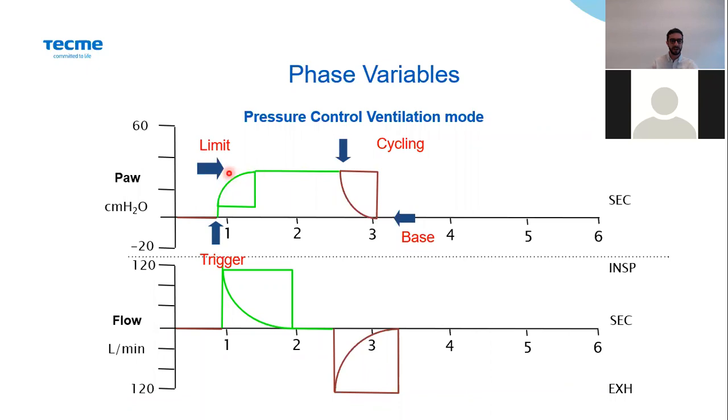Then we have the limit, in this case the pressure set. Then we have the cycling, the moment when the ventilator changes between the inspiratory and the expiratory phase, and then we have the baseline, the value which remains constant during the expiratory time.